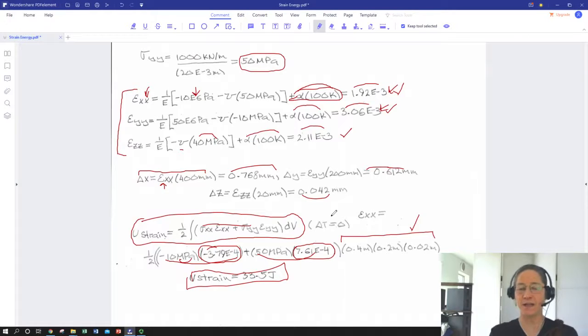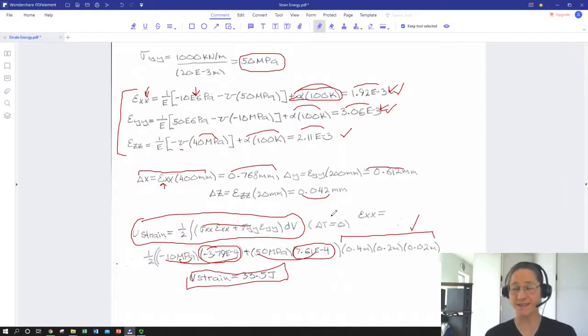So rather than including thermal expansion explicitly in the strain energy equation, we would use a kind of fake, or equivalent, compressive stress to ensure that in spite of the temperature change, the material stayed where it was. So we would allow the part to freely expand to the new volume, and then use stress and strain to put it back to the original volume. And that's employing something called superposition, which we'll get into later on in the course.